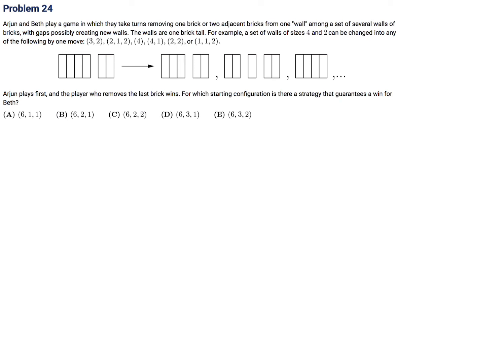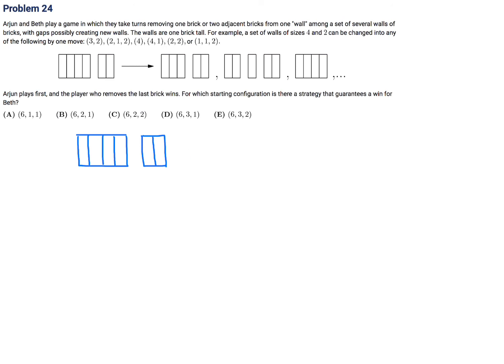Let's explain this question a little bit. I've got, say, this 4-block wall, right? And then I've got a 2-block wall. And I can either remove 1 or 2. If I remove, say, this guy, then I have this situation, 3 and 2. Okay, let's see what else I can get.